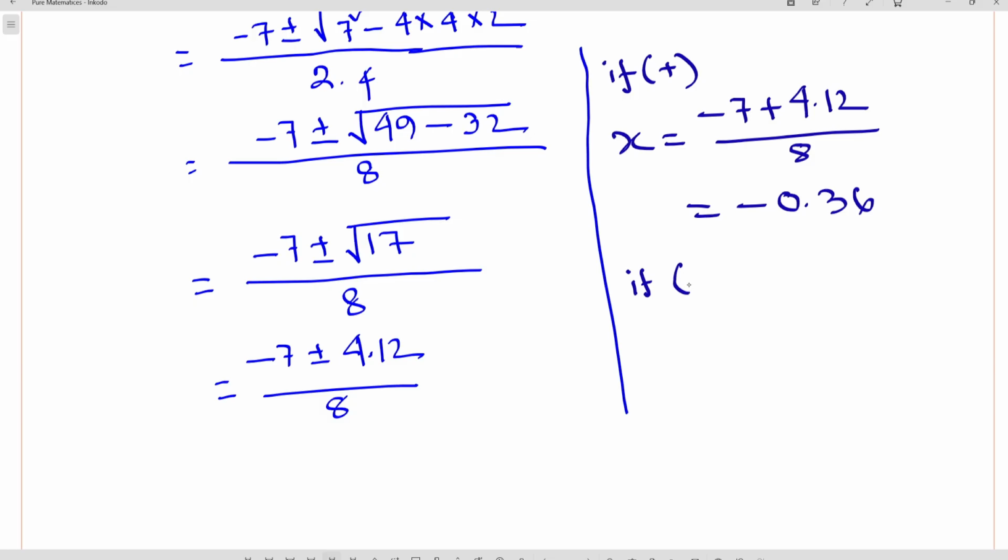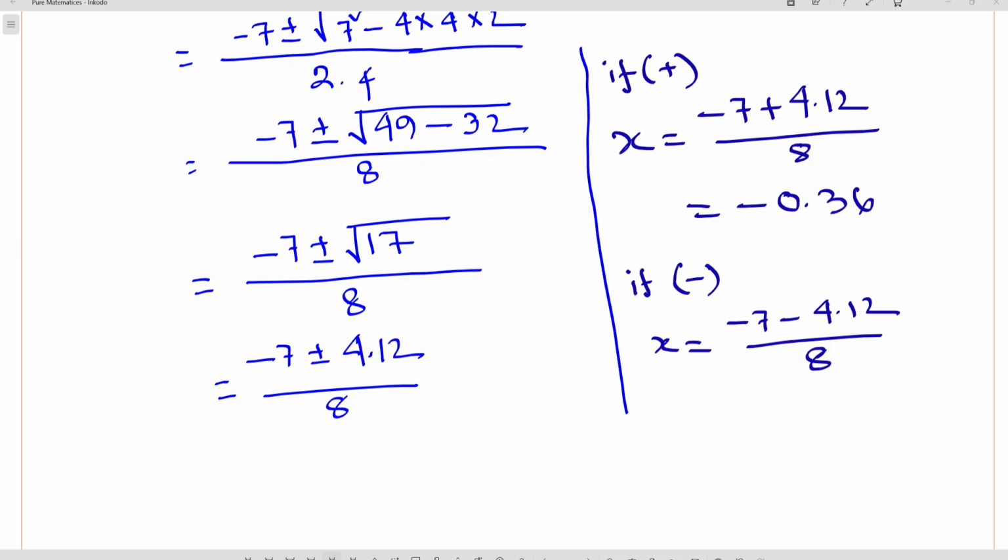And what about if negative? Then x equals minus 7 minus 4.12 divide 8. So here is minus 7 and then minus 4.12, and then divide 8.